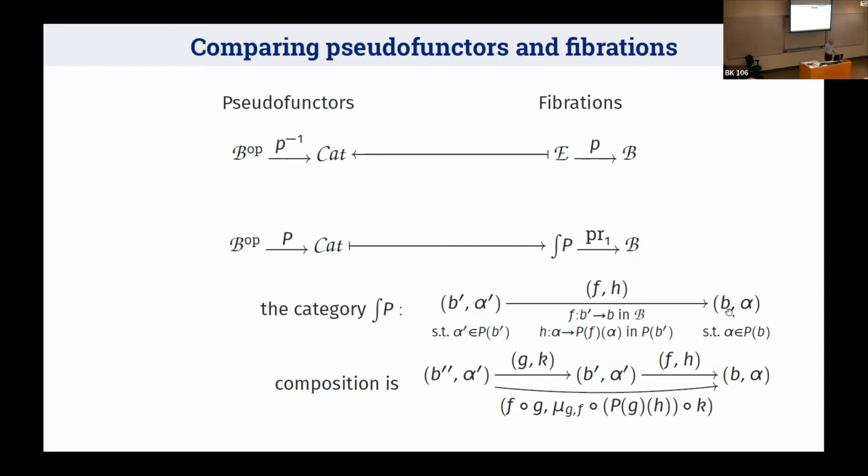Consider the pair of B and an object in P(B), and for an arrow that connects one such object with another, you have to use two arrows: one in P(B'), and then an arrow connecting B' to B by F. The composite, for a pseudo-functor, is given by this formula.